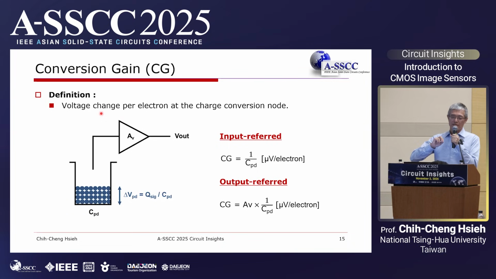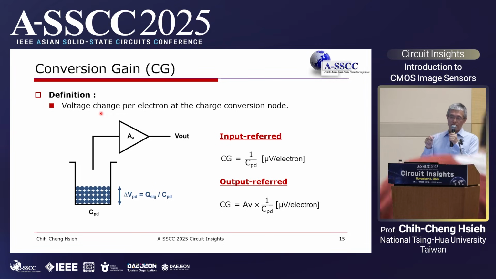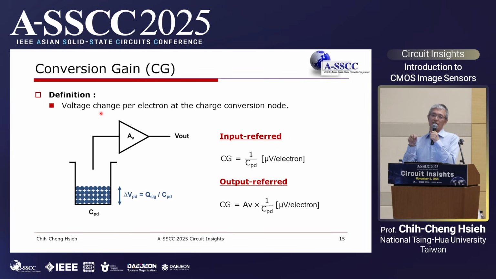That means you need to do the charge, electron, to voltage conversion, which means Q equals C multiplied by V. So if you want to get a very sensitive voltage domain signal, your voltage signal will be equal to Q divided by C, right? So if your capacitance CPD is smaller, you will get a larger conversion gain.